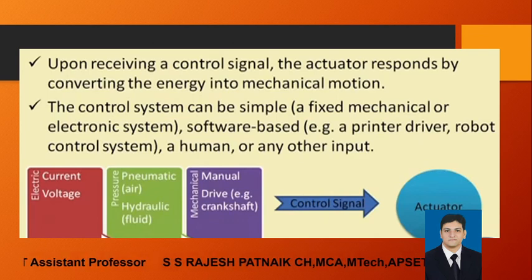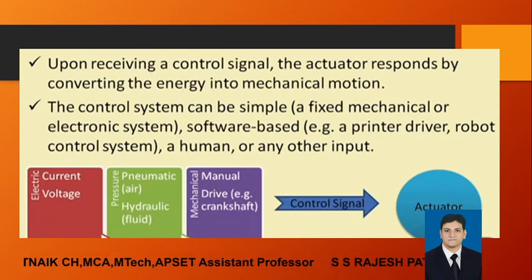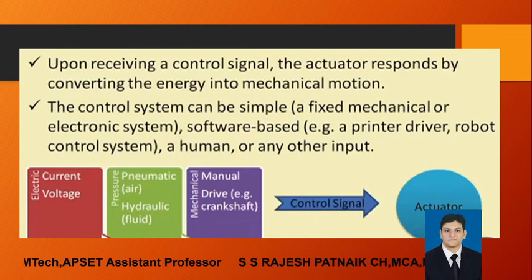That means once it receives that particular type of energy, whether natural, mechanical or hydraulic, it is converted to mechanical motion. It may move in a linear way or in a rotary way.